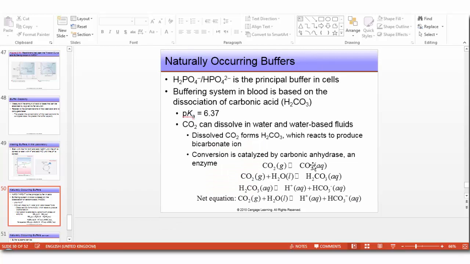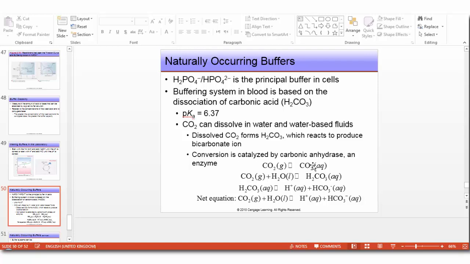Naturally occurring buffers, as I mentioned before: we have the phosphate buffer, the principal buffer found in our cells. The buffer system in blood is based on the dissociation of carbonic acid. Again, carbonic acid is a weak acid with a pKa around 6.37, and it's a good buffer because it's 1 pH unit below the blood pH, which is 7.4.